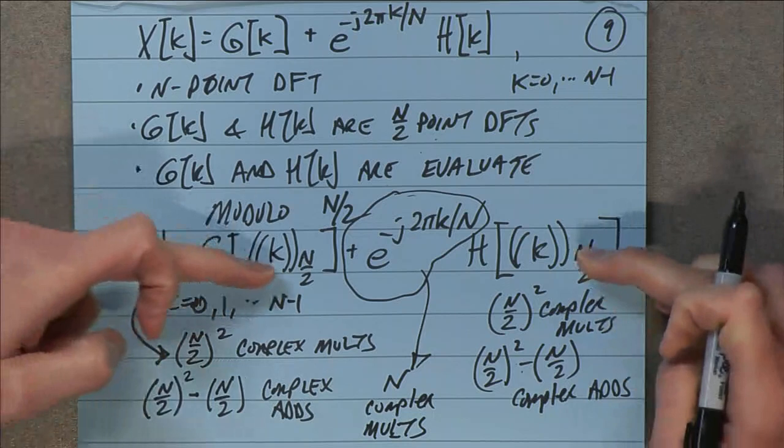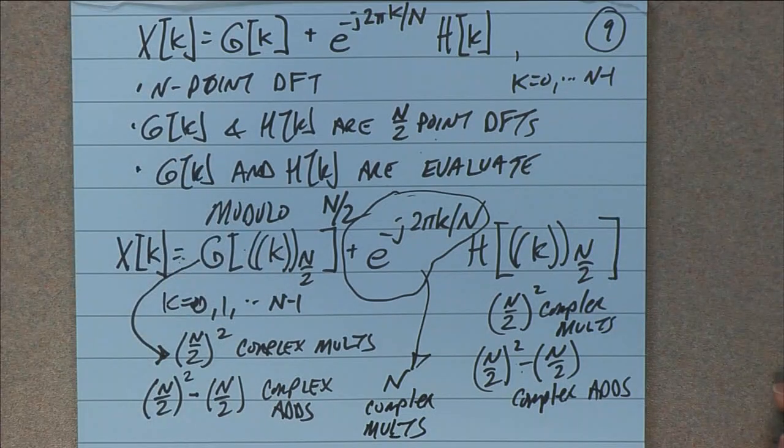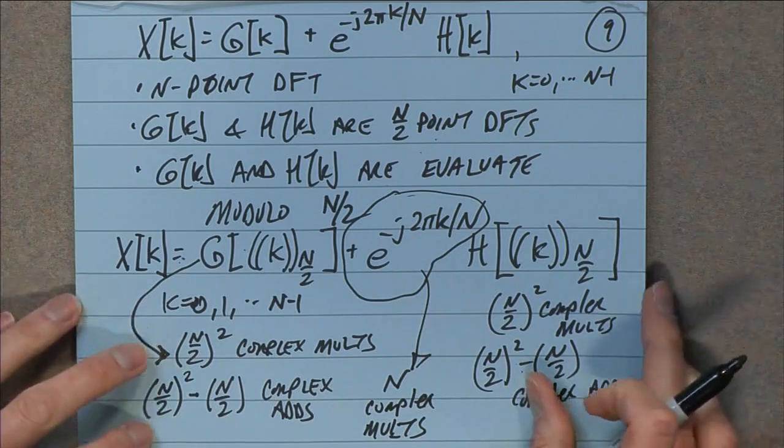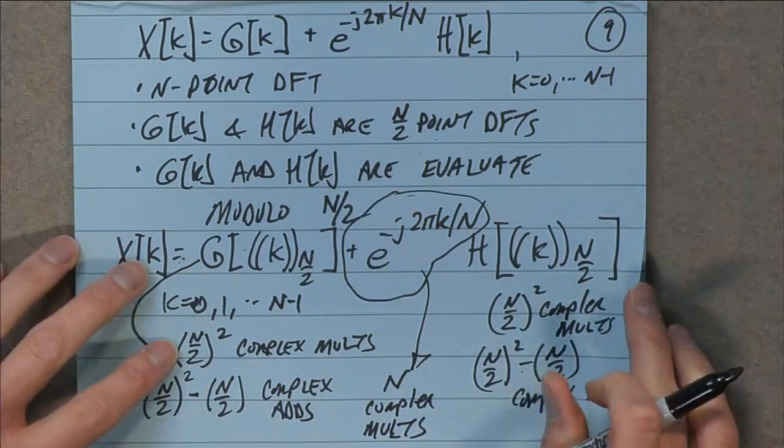And of course, if we add these two together, it's going to be n more complex adds. I'm not going to include that one just yet, because mostly we're going to focus on the complex multiplies because they're just so costly. I won't write it on this page. Maybe I'll write it on the other page.